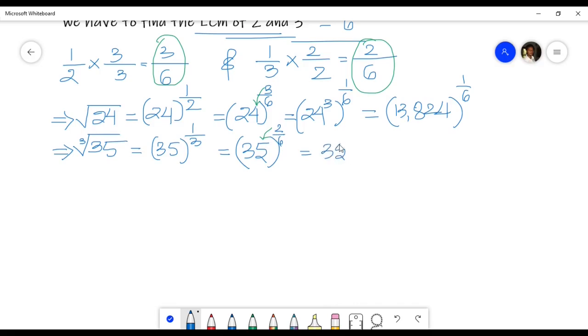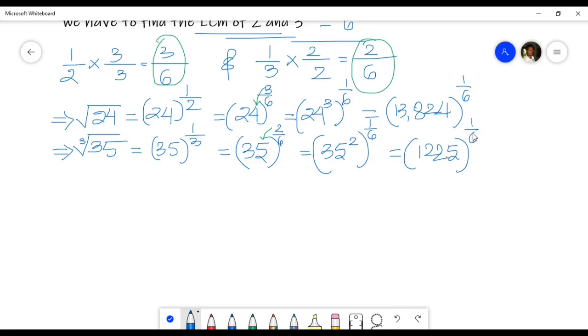Now 2 will be the exponent of 35 and we're left with 1 by 6 as the fractional exponent. 35 square. How much will be 35 square? 35 into 35 will be somewhere 1225. 1225 to the power 1 by 6.